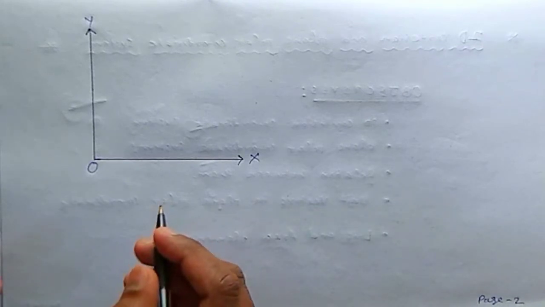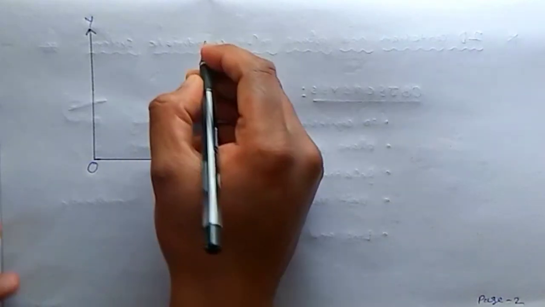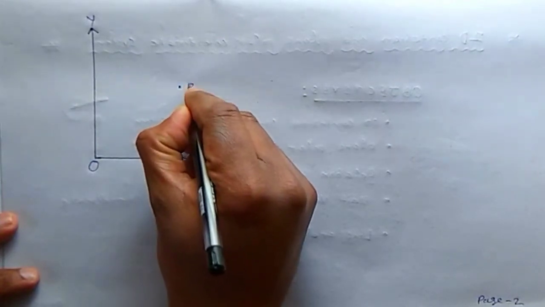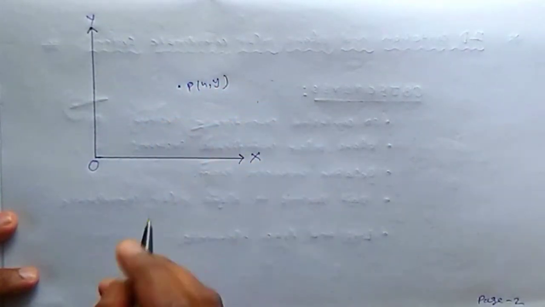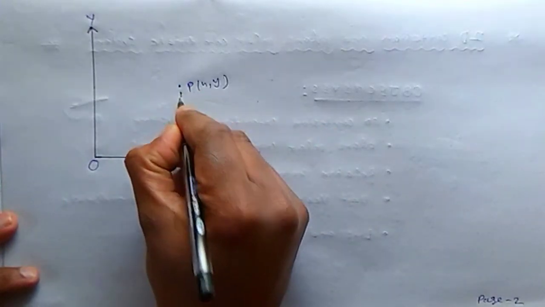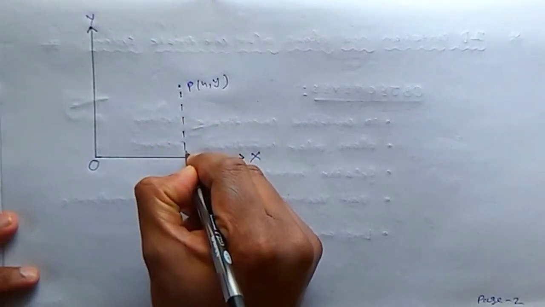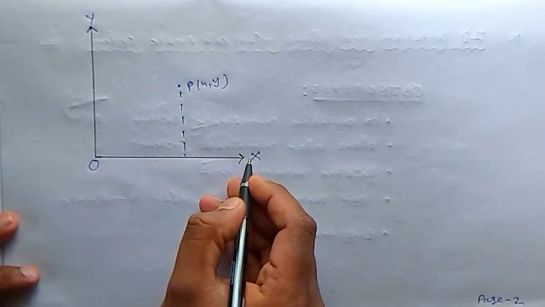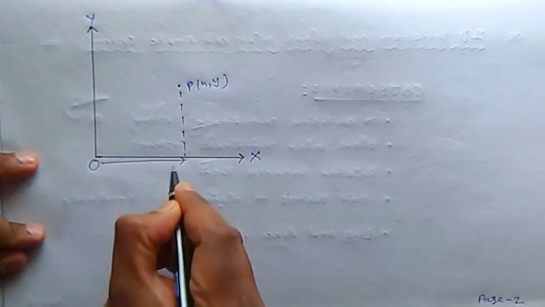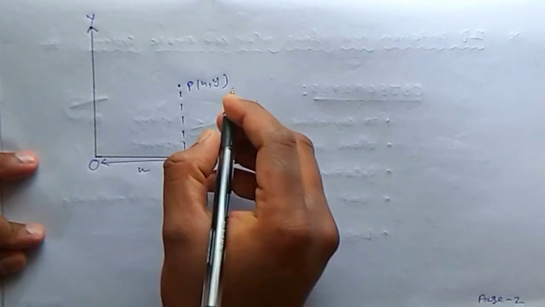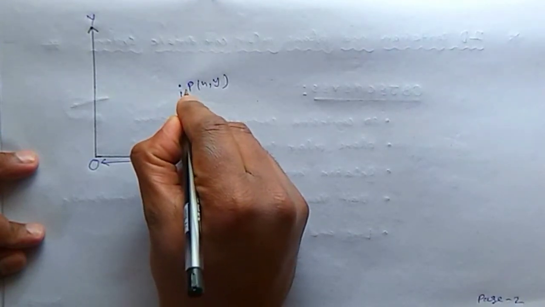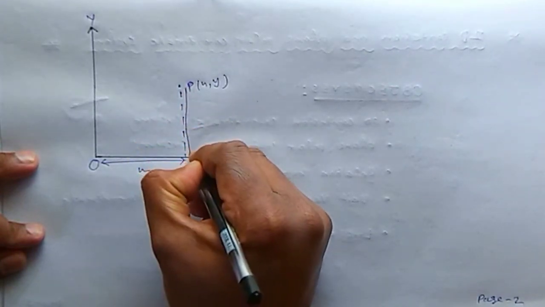Now, the coordinate of point P, let's say point P is here, is x, y. x is the distance of point P along the x-axis and y is the distance of point P along the y-axis.